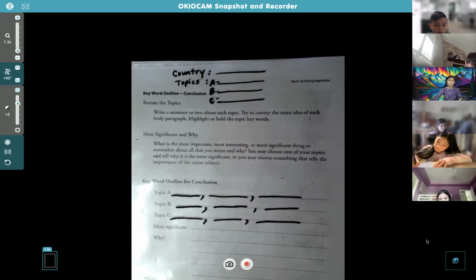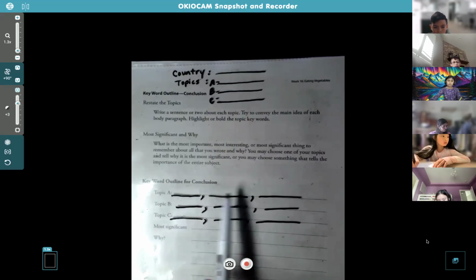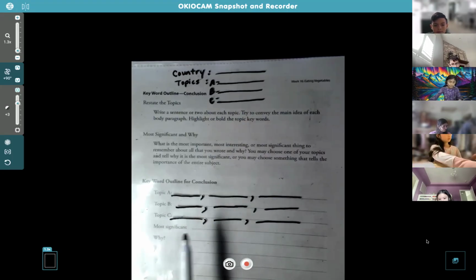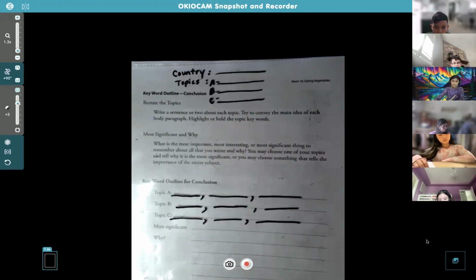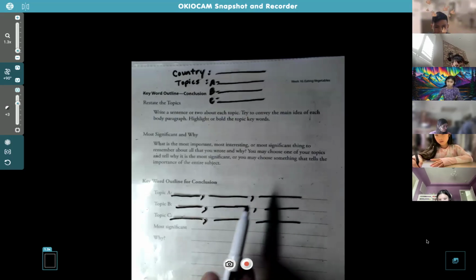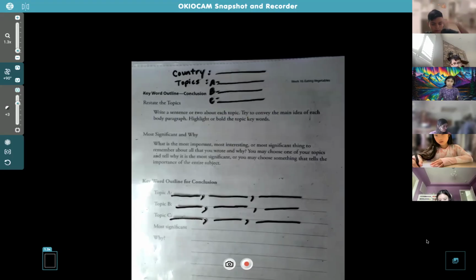Okay, give me a thumbs up if you got, I know you're going to have to wait on this part, Sydney, because you have to write your other paragraphs first, but give me a thumbs up when you got these 3 filled in, topic A, topic B, and topic C. And your keywords here are going to be basically what would sum up that topic.